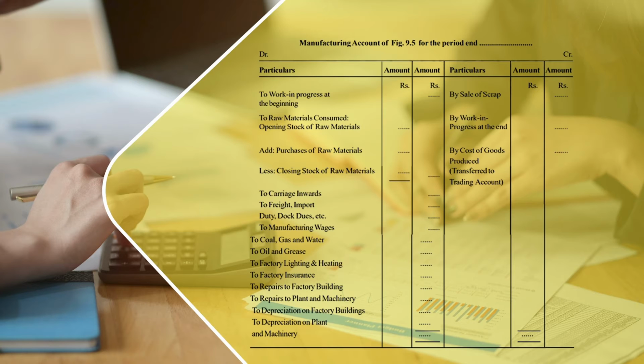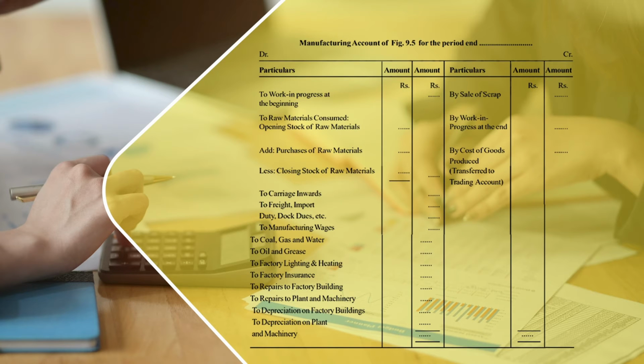Then work in progress at the end: if any work in progress or semi-finished goods remain at the end of the year, the closing stock of semi-finished goods will be written here. Then cost of goods produced will be the net result. It means the excess of the debit side over the total of the credit side of the manufacturing account is the cost of goods produced.